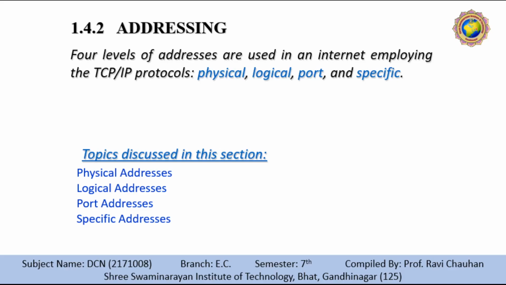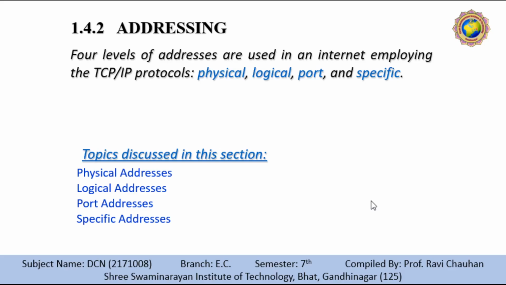First is the physical address, or you can say the link address. Second is the logical address, or you can say the IP address, the internet protocol address. Third is the port address, or you can say the process. And finally the specific address. So these 4 addresses we are going to see in this session.